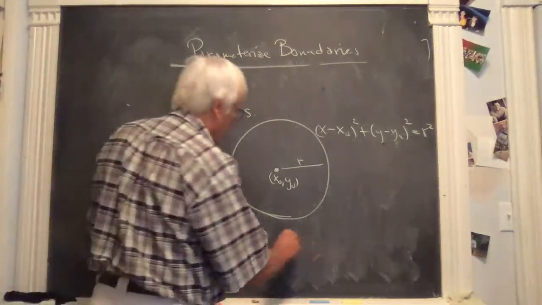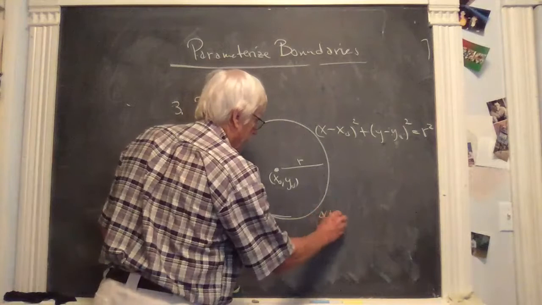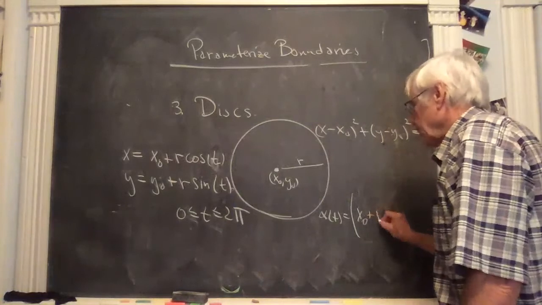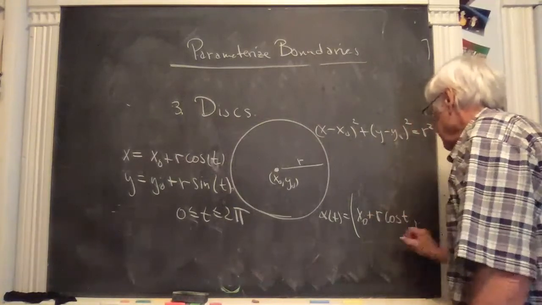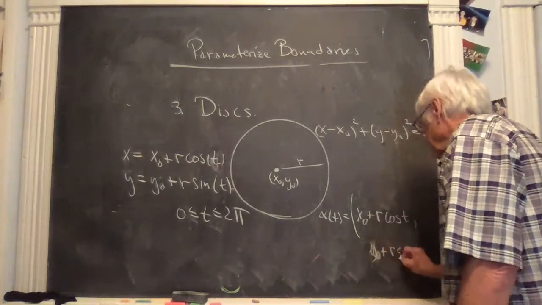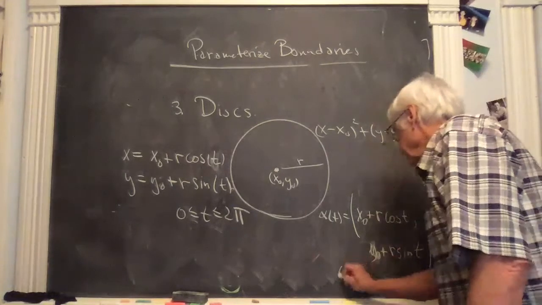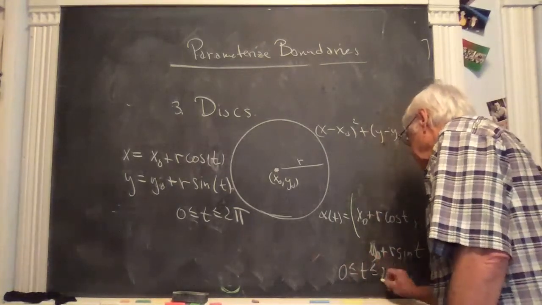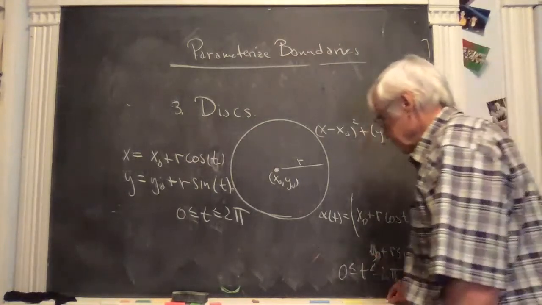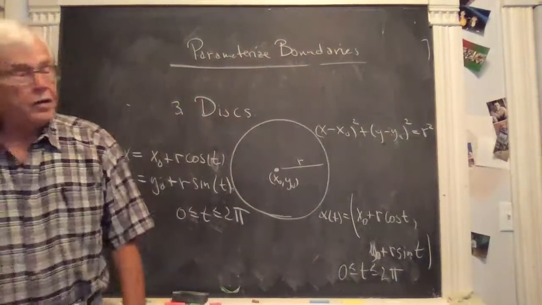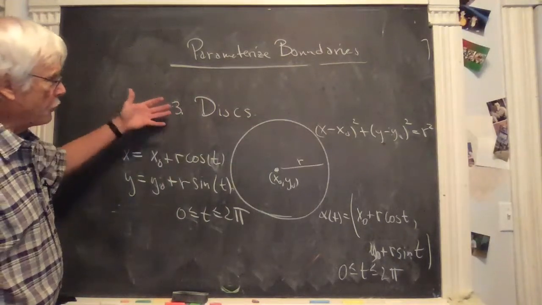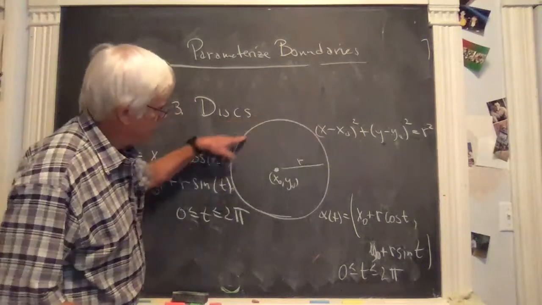So the full parameterization, alpha of t, is x naught plus r cosine t, y naught plus r sine t, 0 less than or equal to t less than or equal to 2 pi. So this is the parameterization for any boundary of a disk. This just gives this boundary.